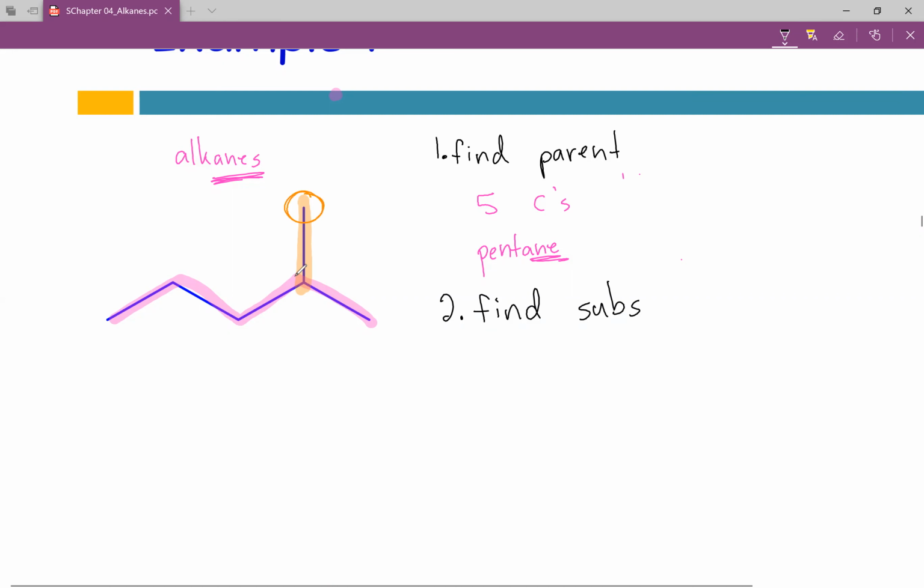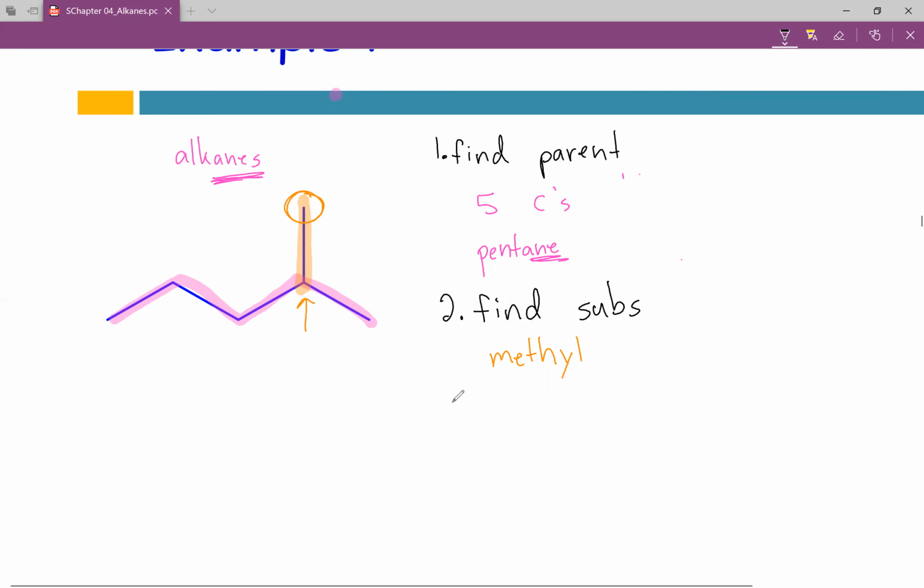We do not include the carbon on the parent chain, which would be this guy right here, in the substituent name. So this one would have the base name of meth. Now substituents, at least alkane substituents, will have this base name, and then instead of ending with ane, we're going to end it with yl, Y-L. So this substituent is a methyl.